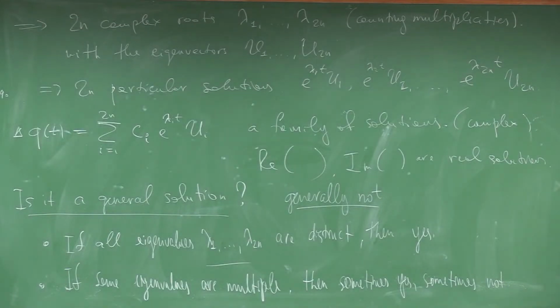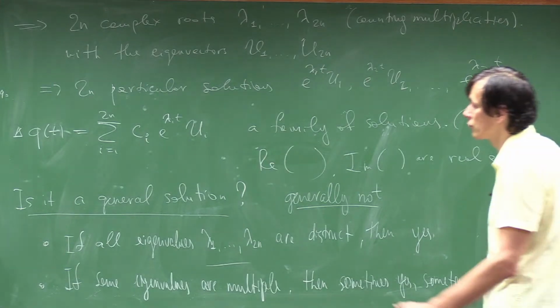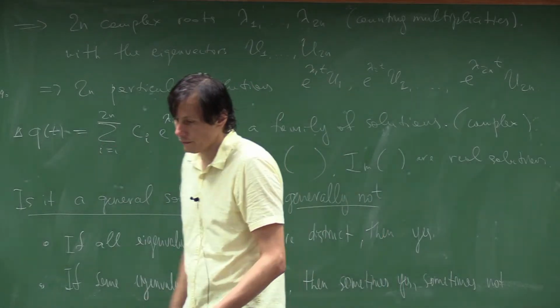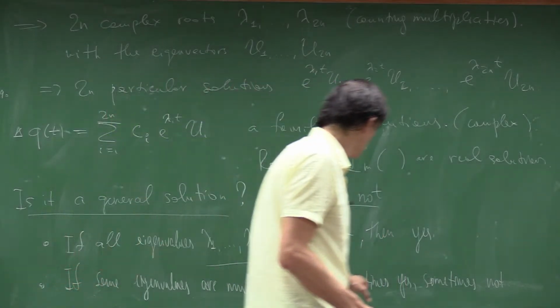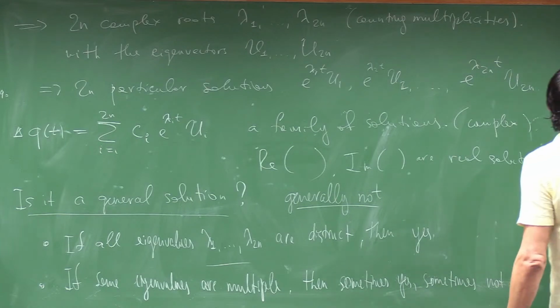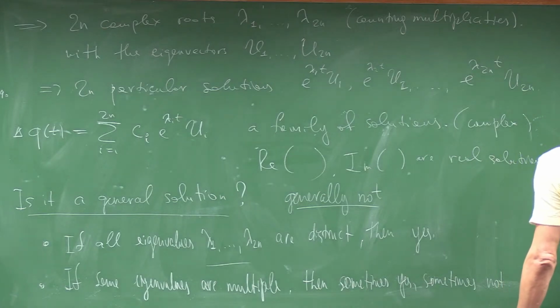Something is missing, sometimes missing, sometimes not. So today we want to understand how, in principle, you guarantee that the solution is general, how you find it, and why sometimes it is a solution and sometimes it's not. Okay, so what do you do? We proceed in a different way.